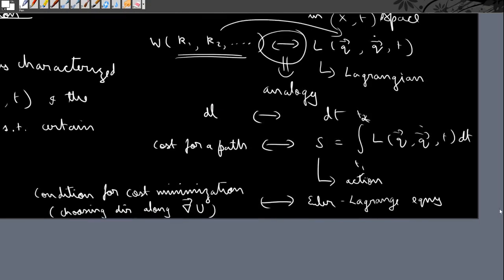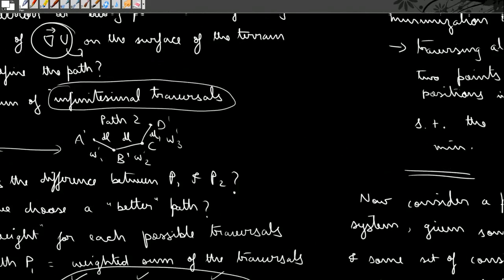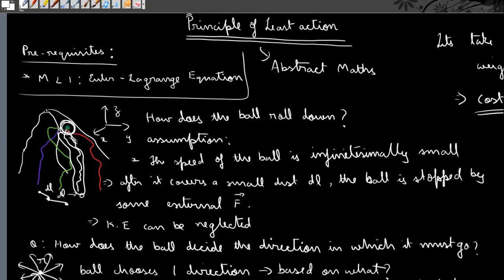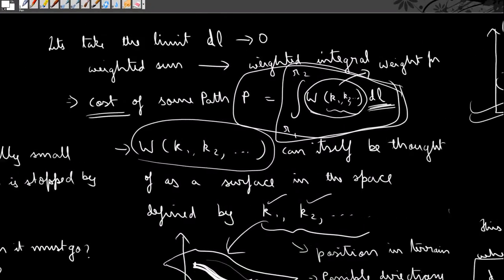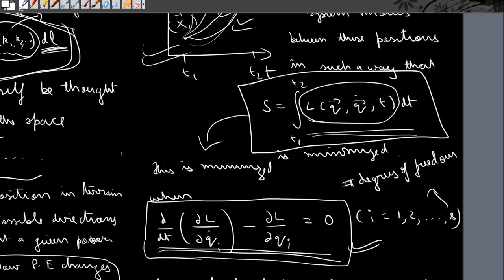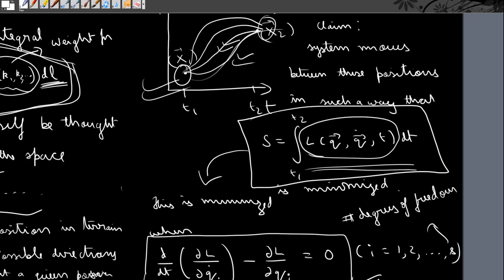So to summarize what we have done in this video, we tried to understand something known as the principle of least action, and what this principle of least action says is that every mechanical system is characterized by some function called the Lagrangian, and given some initial boundary conditions, the path or the trajectory which the mechanical system takes corresponds to this particular integral taking the least value.